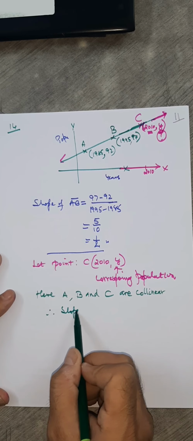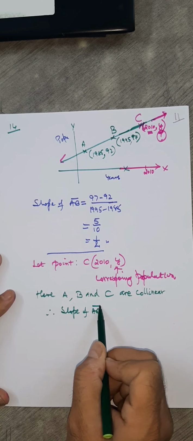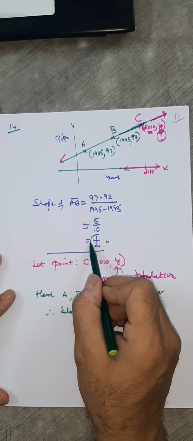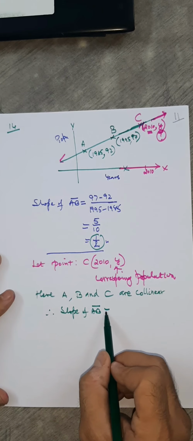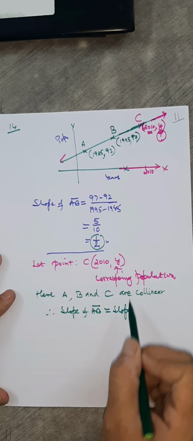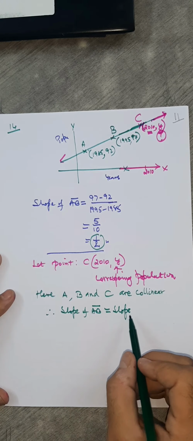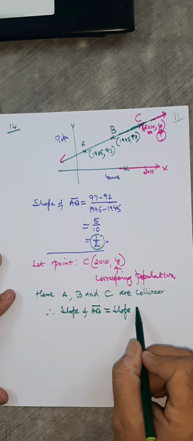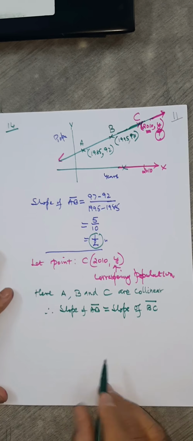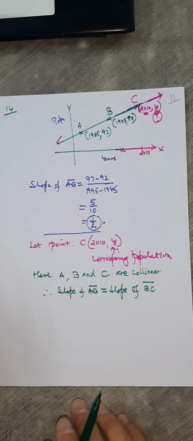So I'll write slope of AB, which you did a few minutes before, equals slope of BC. You can use these two or these two, whatever you want, choice is yours. Points are collinear, slope remains the same by choosing any 2 points.